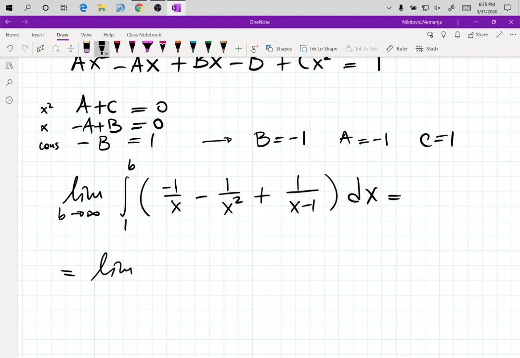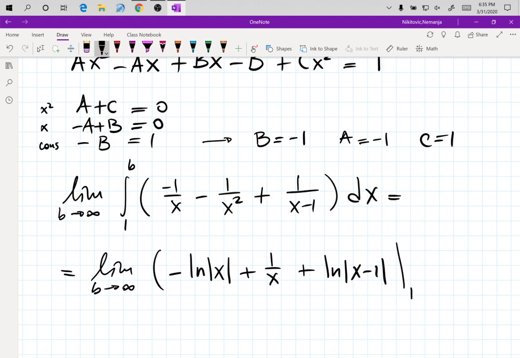Limit b goes to infinity. We have negative ln of absolute x. Now this is going to be 1 over x, so plus 1 over x, plus another ln of x minus 1, and this is computed from 1 to b.